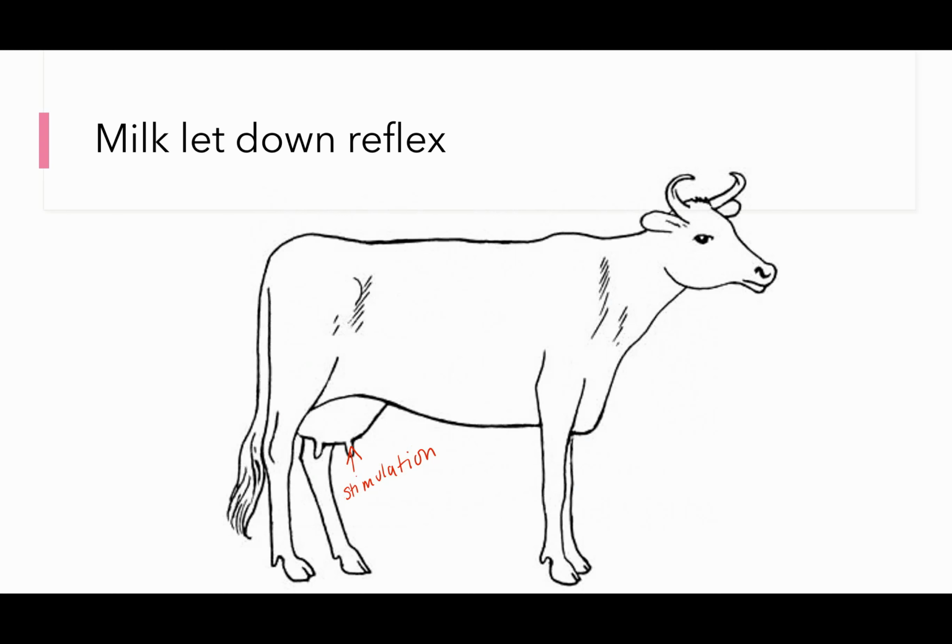When the stimulation occurs, the nervous system will receive some signals that will travel all the way to the brain. And these signals are going to be received by the hypothalamus.